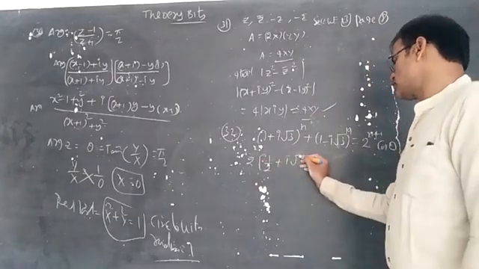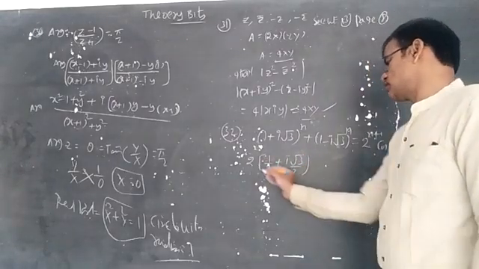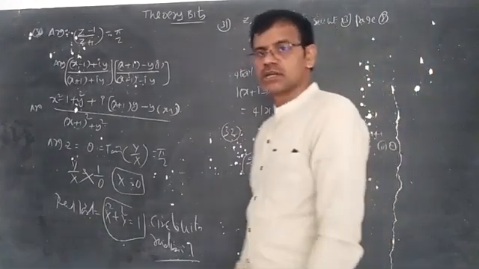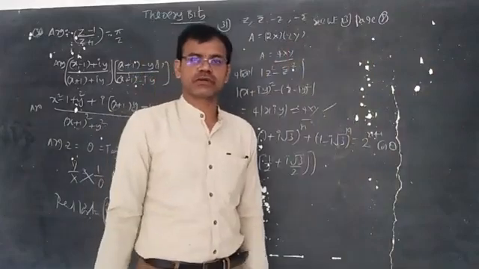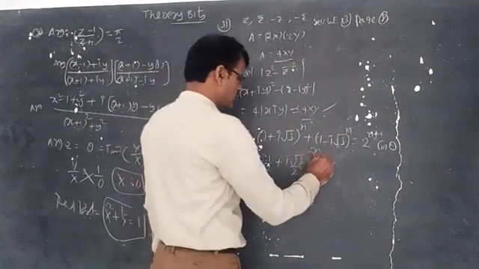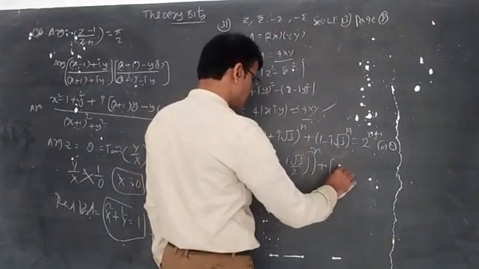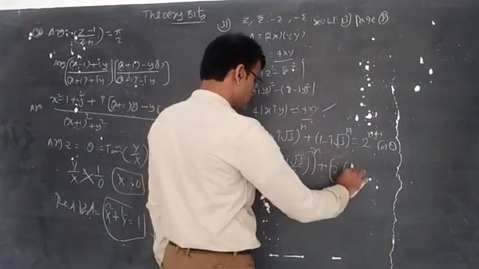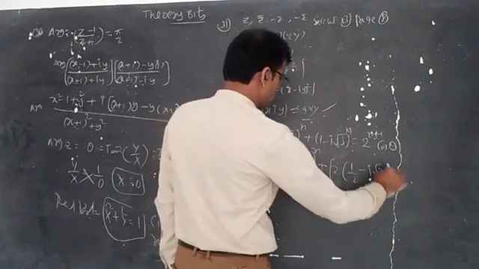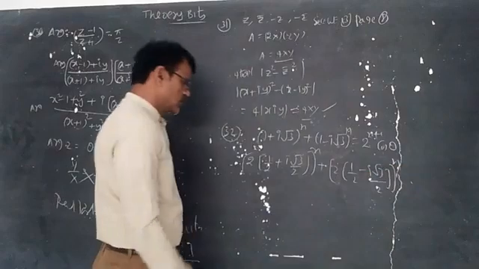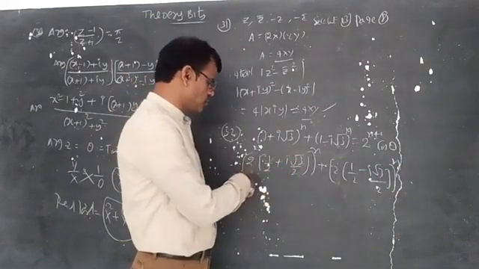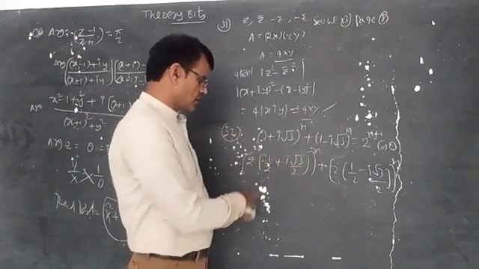For a complex number x plus iy, its modulus amplitude form is r into cos theta plus i sin theta, where r is equal to root of x square plus y square, and theta is equal to tan inverse of y by x. In the similar way, you can understand this one as again multiplied with 2: 2 into (1 by 2 minus i root 3 by 2) whole power n. 1 by 2 becomes cos 60 plus i sin 60 whole power n. 2 power n taken common.